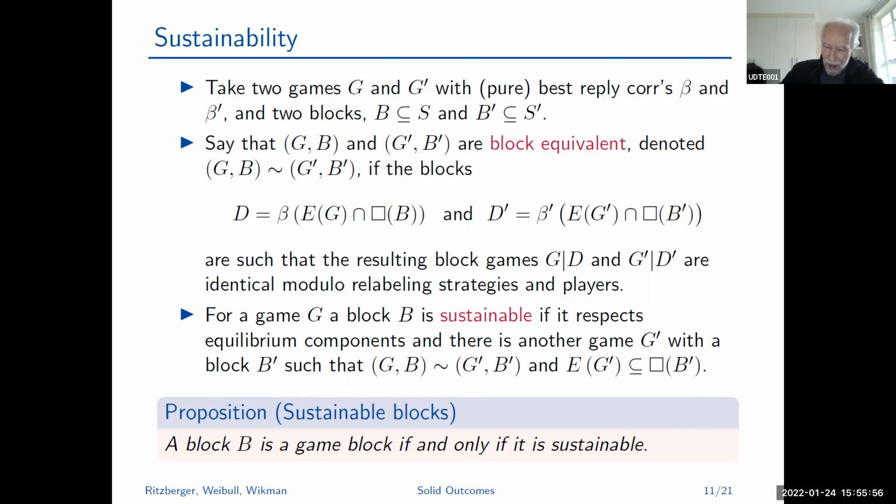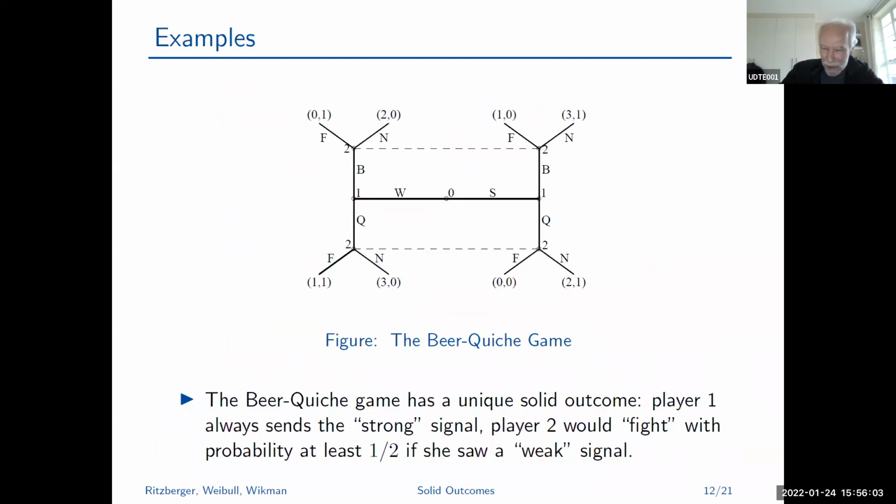And now in the last 5 minutes, to satisfy Carl, I'll go through some examples and also show you an application. The first one is not really an application, because this is a game that has been developed to test refinement concepts, the Kreps beer-quiche signaling game.